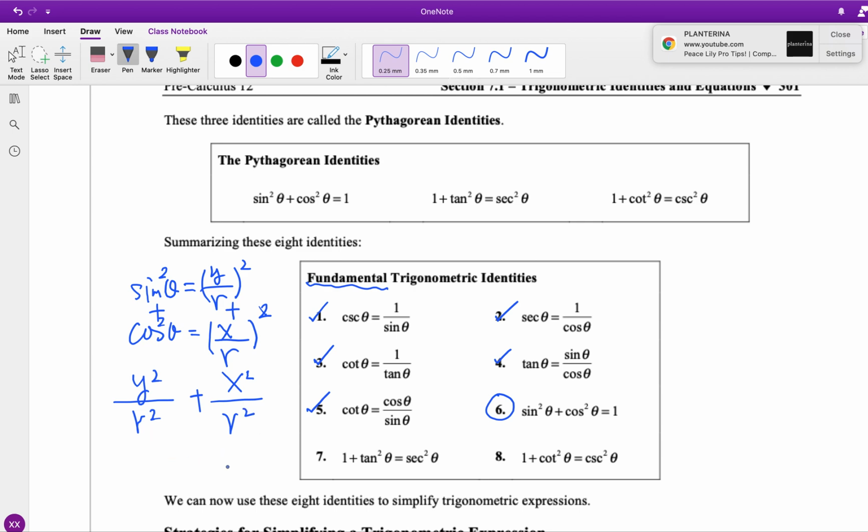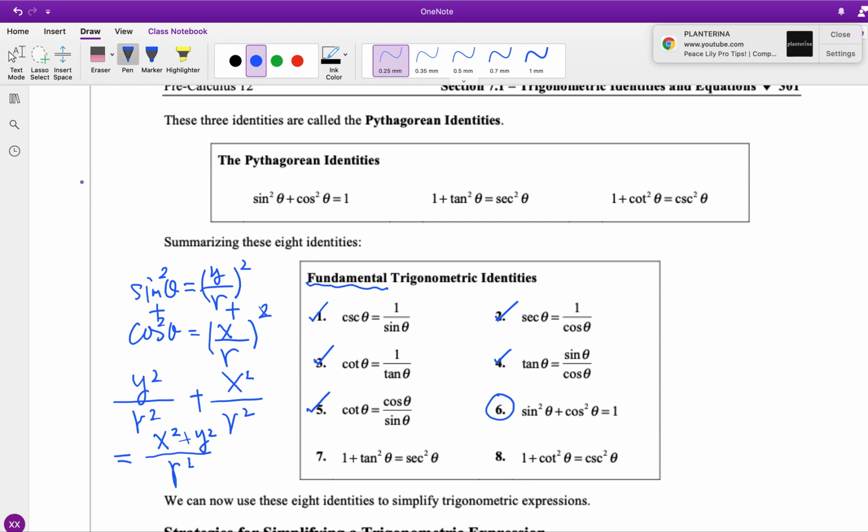Now the denominator is the same, so we don't even have to worry about it. We just put them together. So then that is r squared. Now on top we have x squared plus y squared. Now think about what this means.